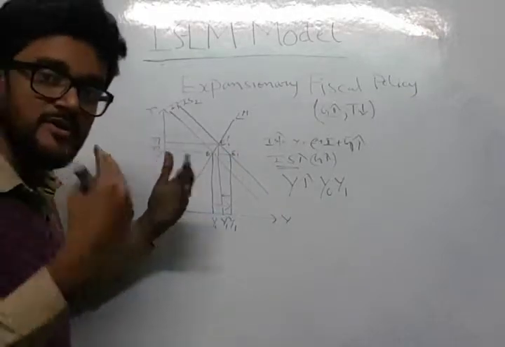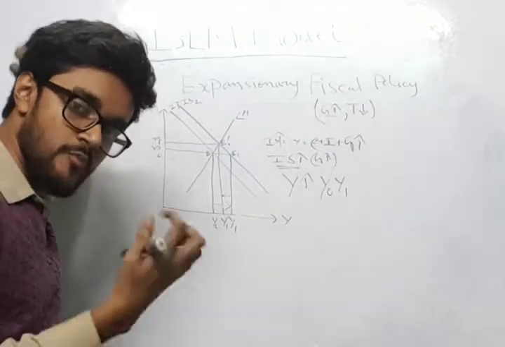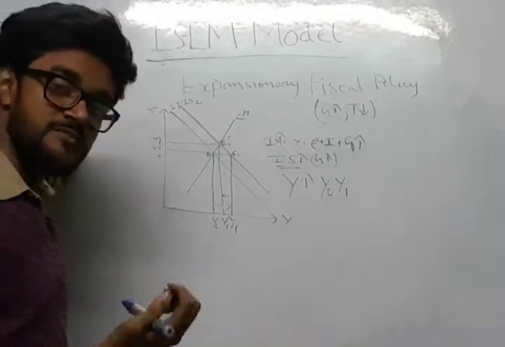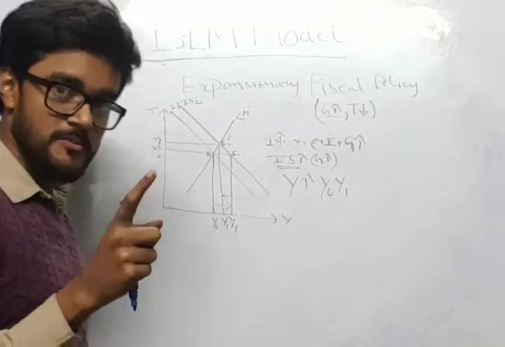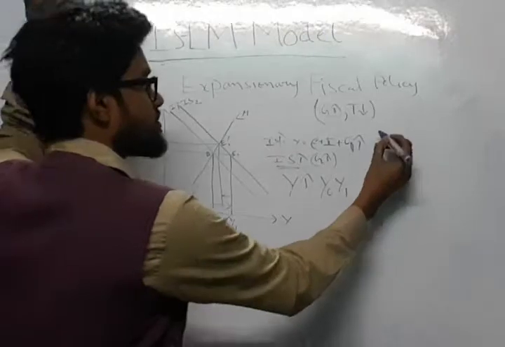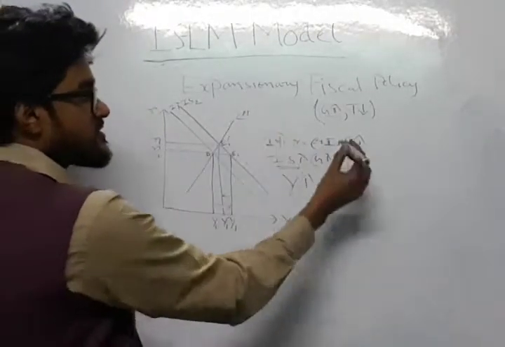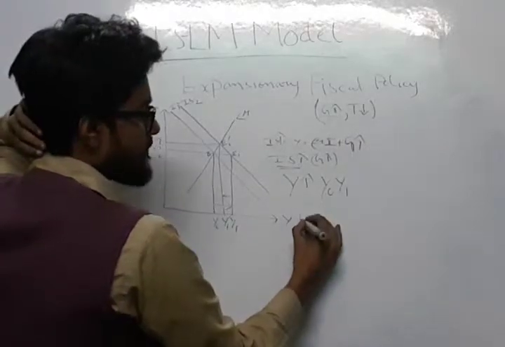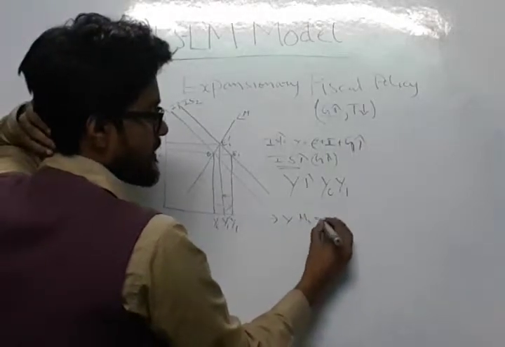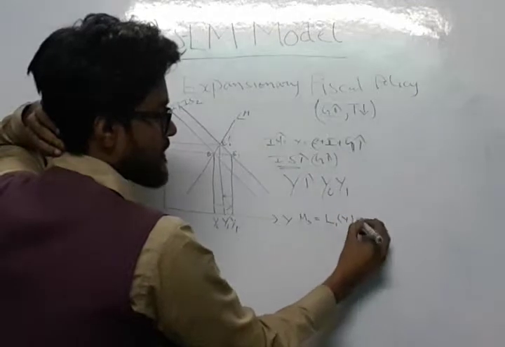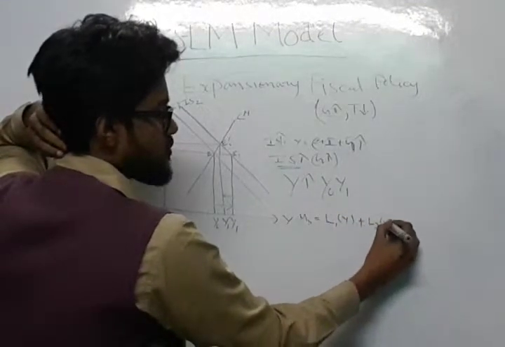Now as income increases, what happens? People will demand more money for transaction purposes. Even though the LM curve is unchanged, the LM curve equation is money supply equals L1Y plus L2R.